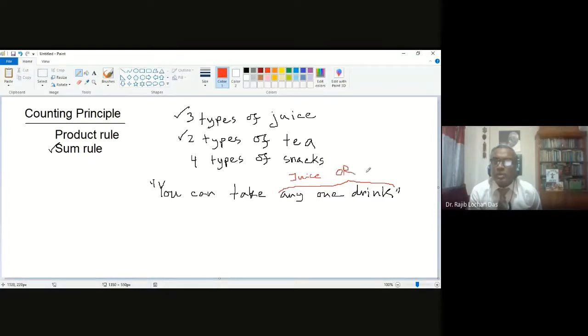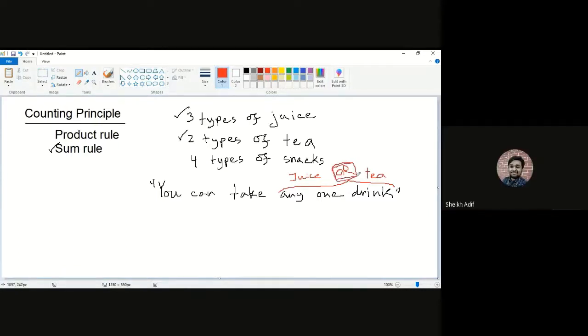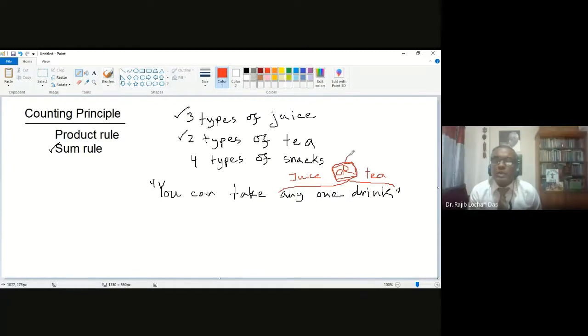When we connect two things by or, that is the sum rule. And also in Boolean algebra, or means plus, right? Every time you know or means plus. So that is the understanding actually. This is the sum rule.